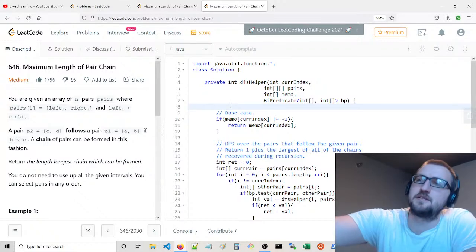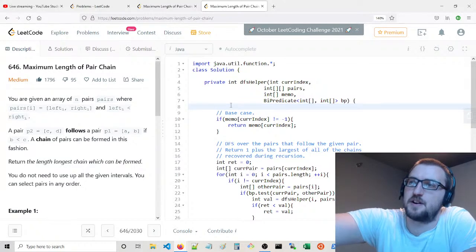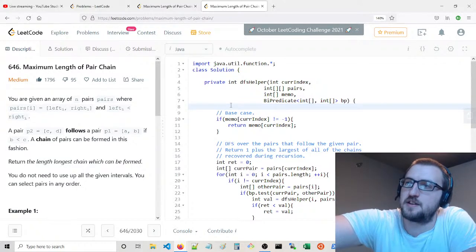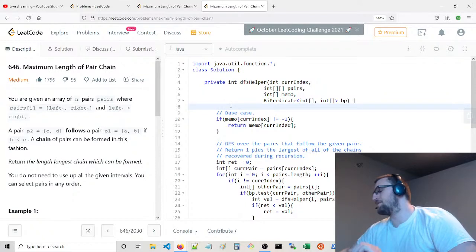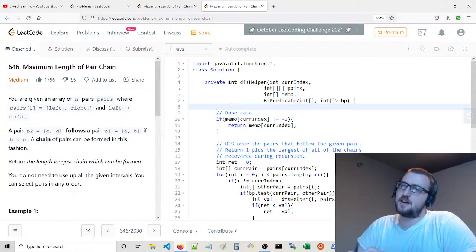This is also really interesting because, as I was describing, it provides an interesting solution for DAG questions.